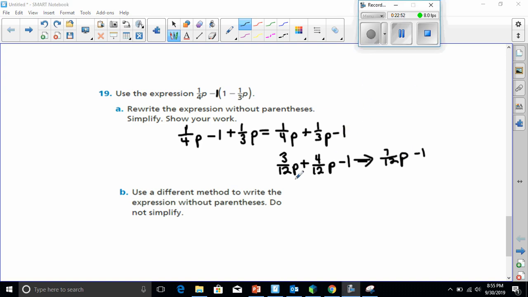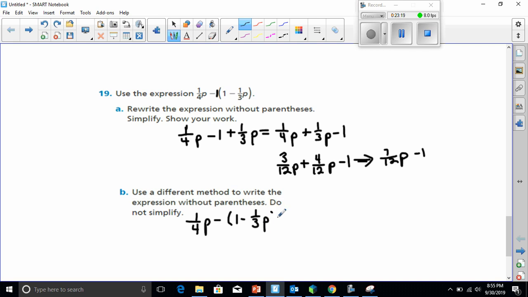The last one we have is B, which says use a different method to write the expression without parentheses. Oh boy, do not simplify. Well, this could have easily been 1/4 p - 1, minus 1 minus 1/3 p.